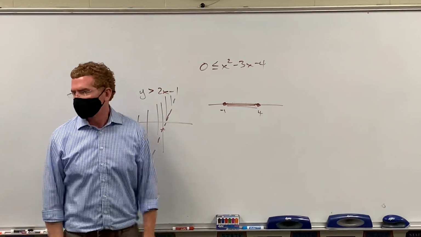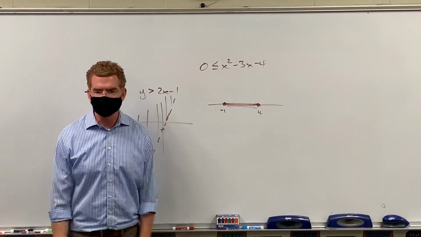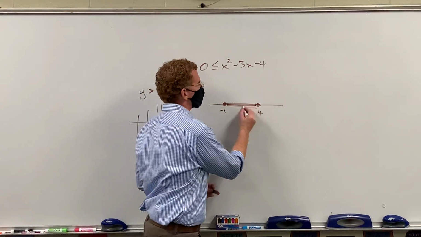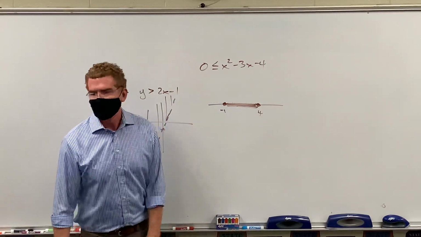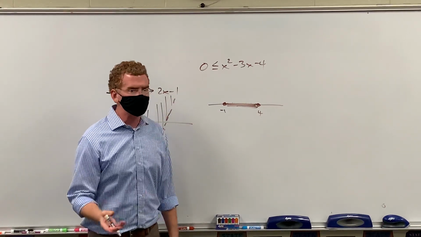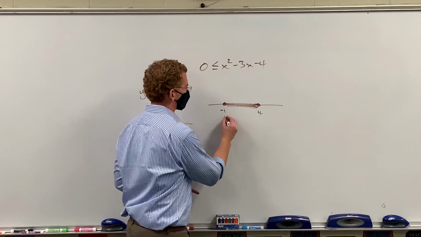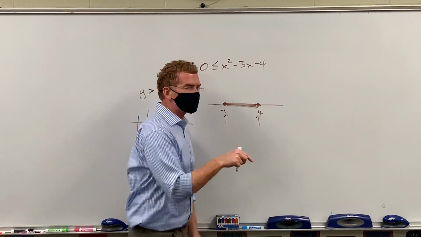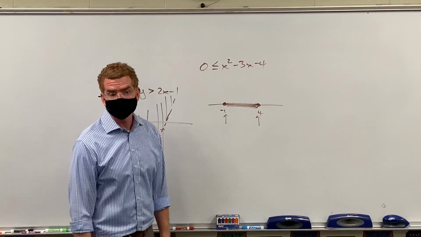So how do I think about that? Well, look, not a whole lot changes. If the graph is going to be shaded in between 2 points, I'm certainly going to need to check to see where it's shaded. But I also need to check where what? What does the -1 and the 4 represent, do you think? Take a guess.